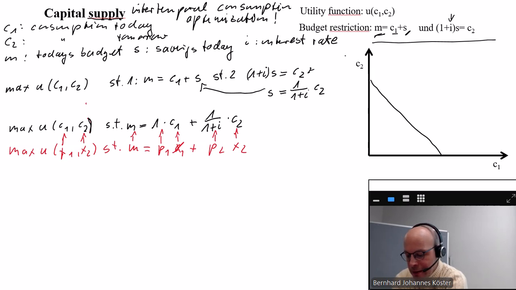What would be the total possible value of consumption today? Can you help me? What do I have to write down at the horizontal cut of my budget line? This would be the maximum value which I can consume today.